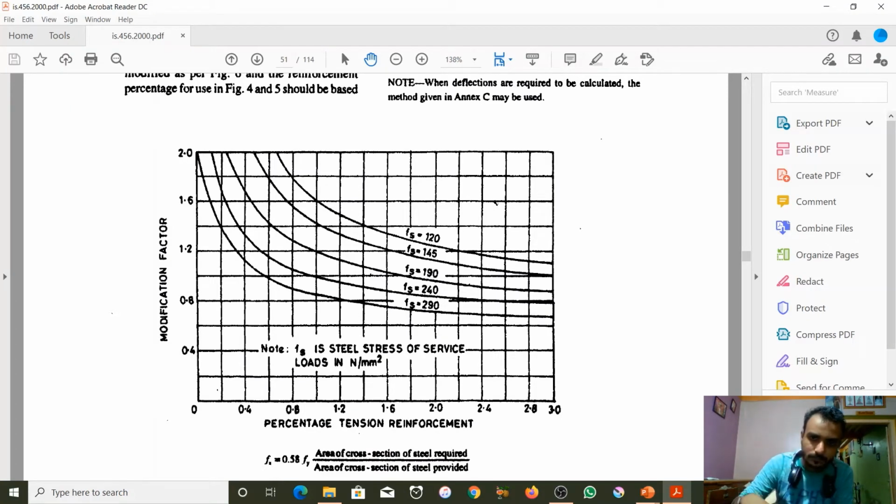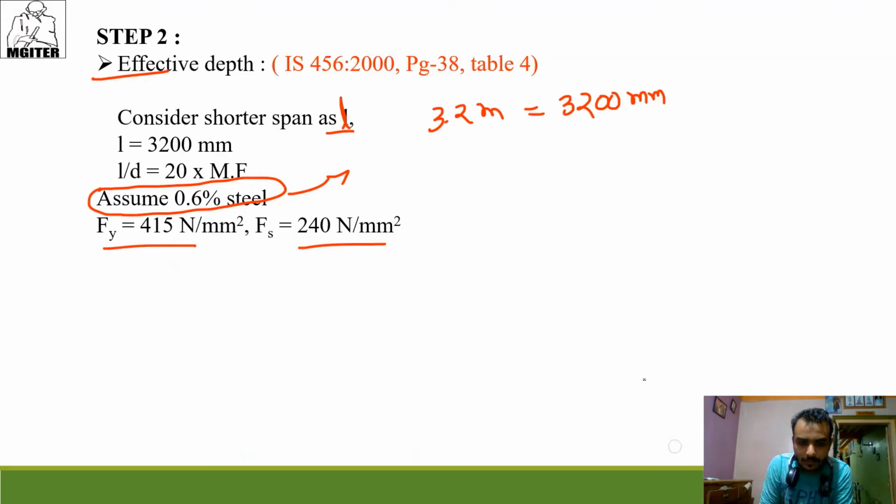This is the graph. Here is the modification factor, and on the y-axis we have the percentage of steel tension reinforcement. So we assume 0.6% percentage of steel. Fy is 415. So 0.58 into fy, we can find out fs.